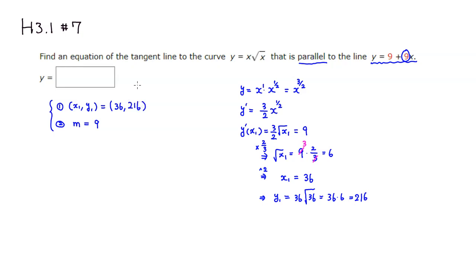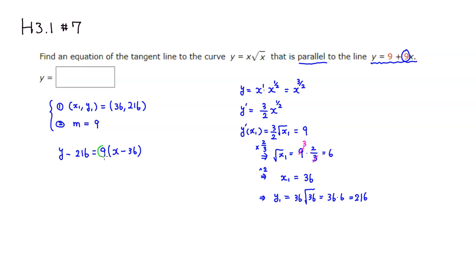So we got everything we need. By point-slope form, y minus y1, where y1 is 216, is equal to 9 times the quantity x minus x1, where x1 is 36. If you want, you can distribute.